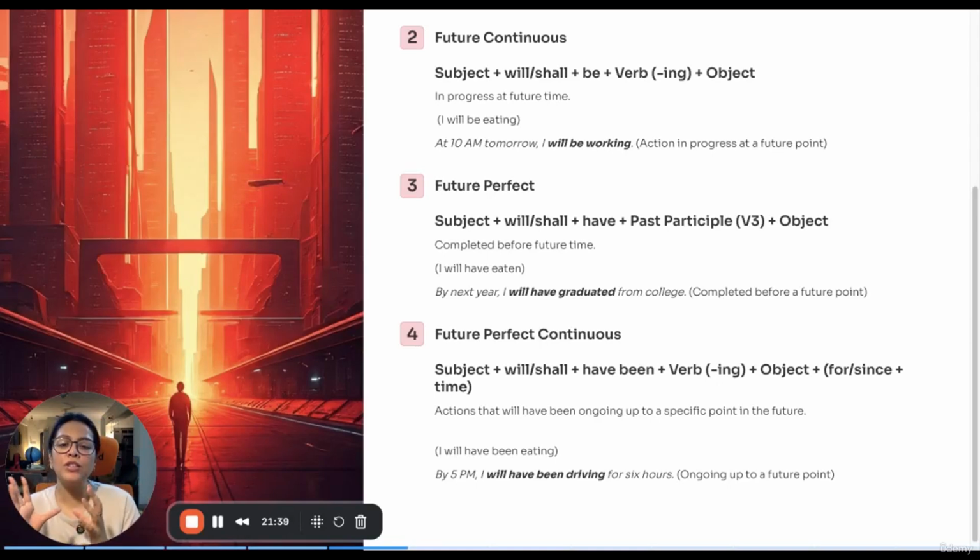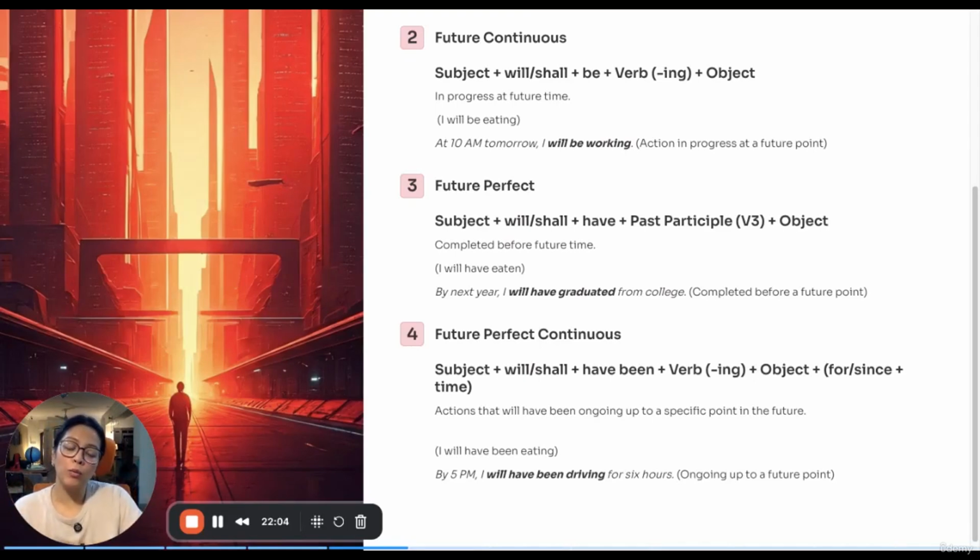Now, what about future perfect continuous? Future perfect continuous is used for actions that will have been ongoing to a specific point in the future. Like by 5 p.m., I will have been driving for 6 hours. So by 5 p.m., something in future will be continuing.